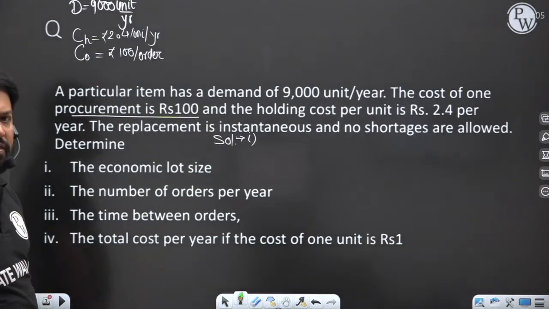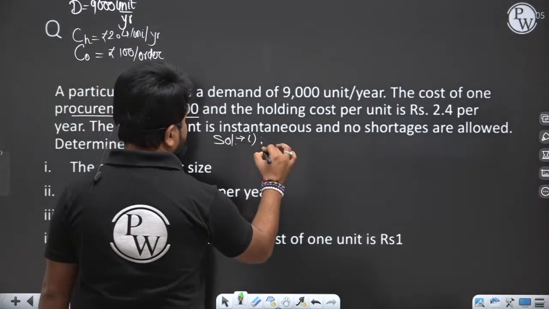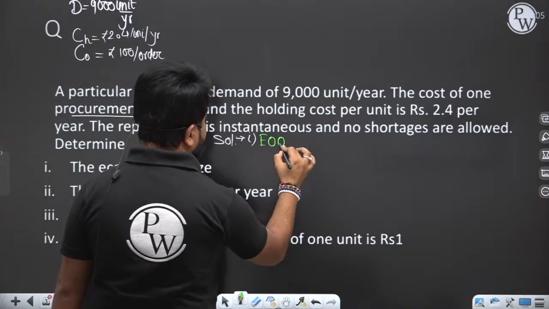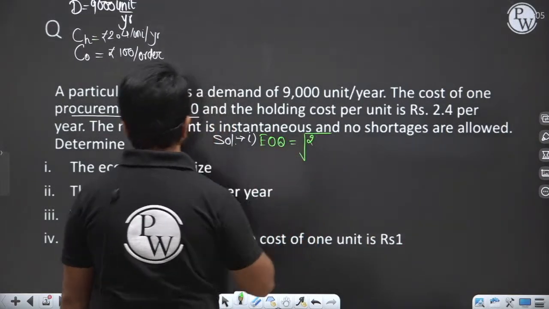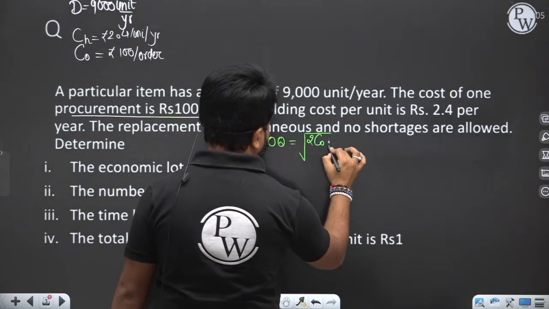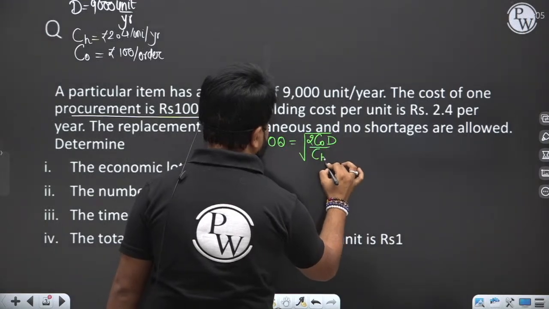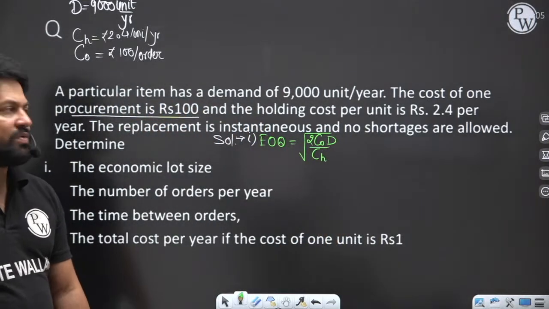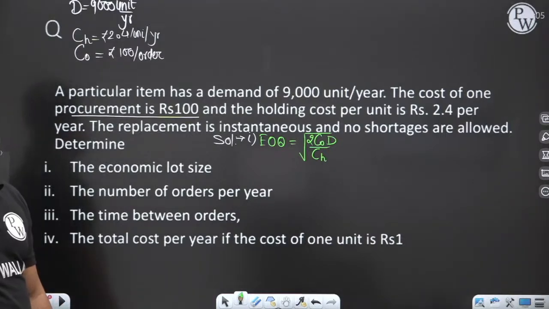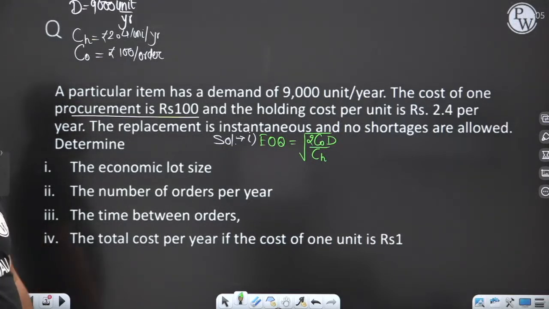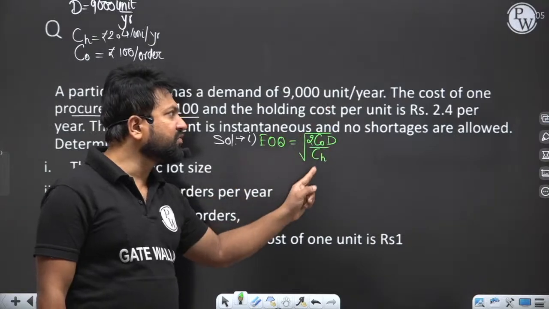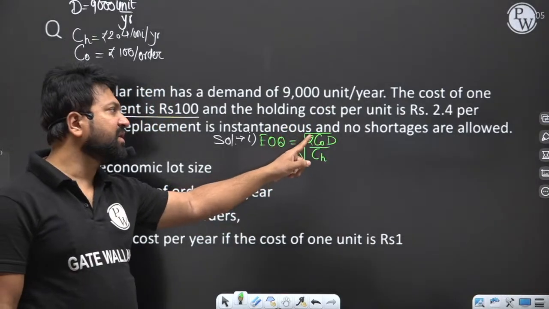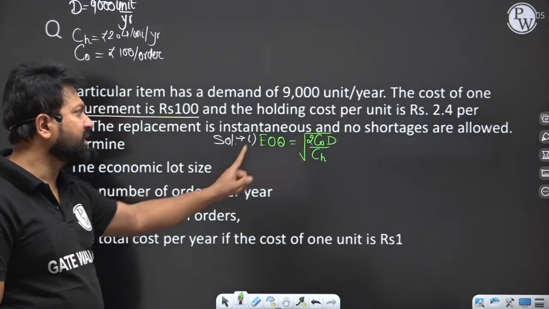Do you know the formula? Economic order quantity, as you know, equals root of 2 C naught into demand divided by CH. Am I clear? You have to remember that whatever units we are using, we have to put in the same, all per year.